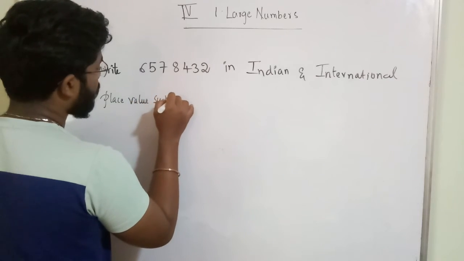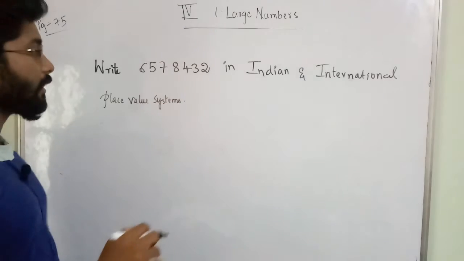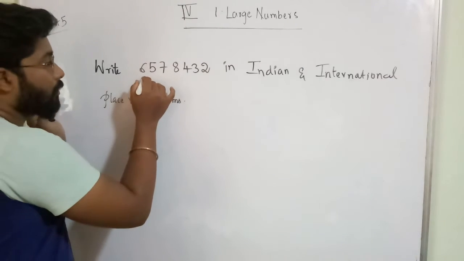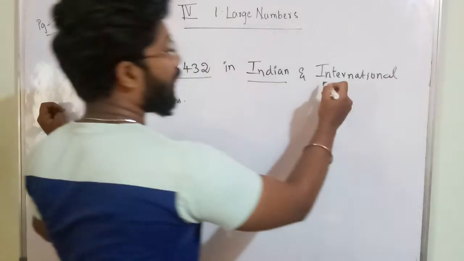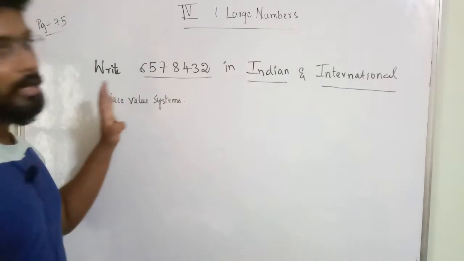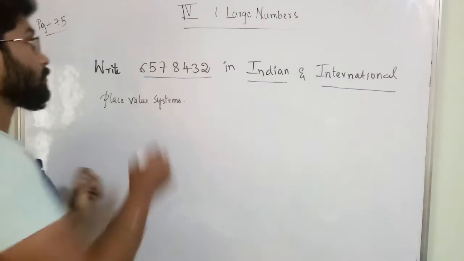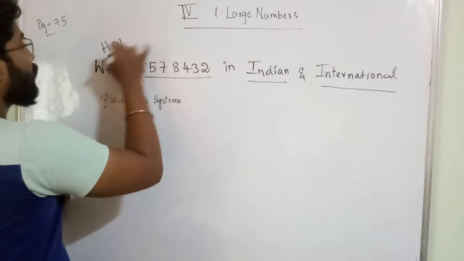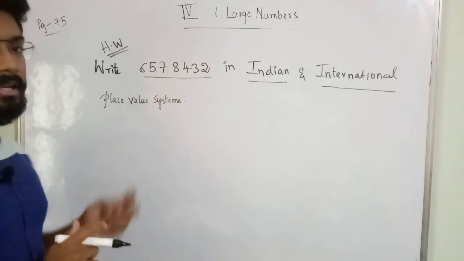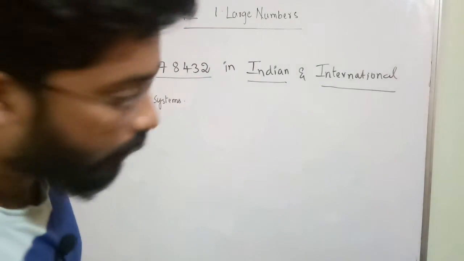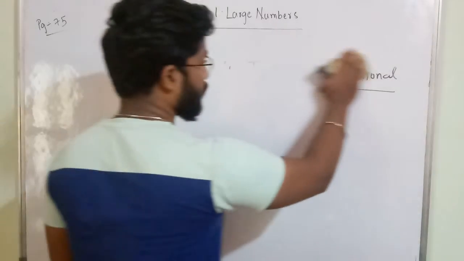You have to separate it with commas in the Indian place value system and in the international place value system, and you have to write the number name in both systems. So this is for your homework. For some questions I am telling the answer. You have to do this and check whether you are doing it correctly or not. That is for your homework.